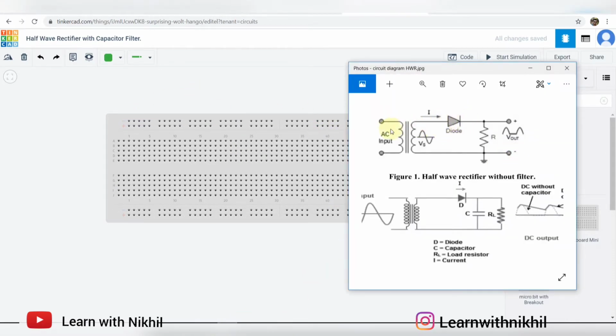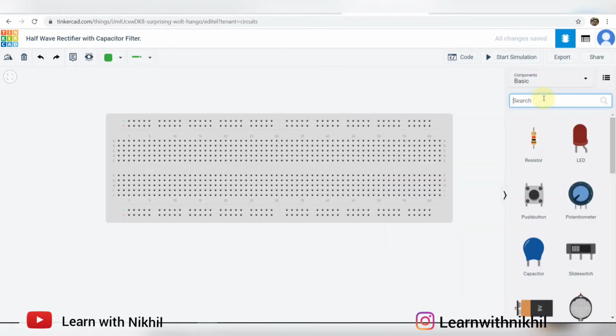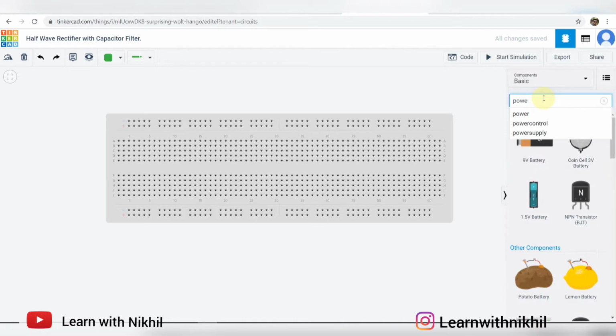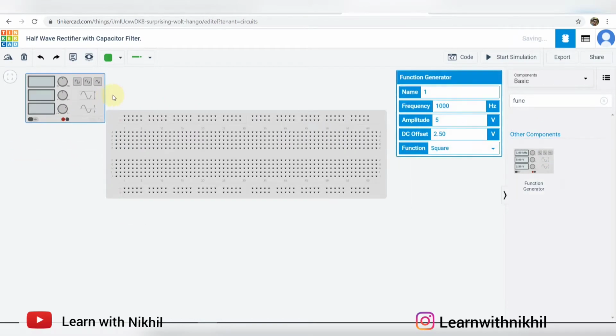Next, the input supply. We'll require AC supply, so for AC supply we'll require a function generator. This will give me the AC supply.